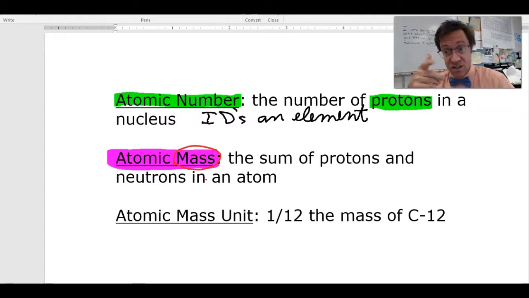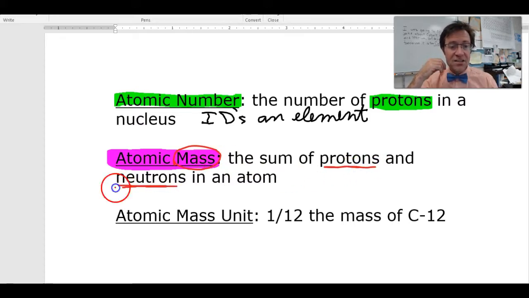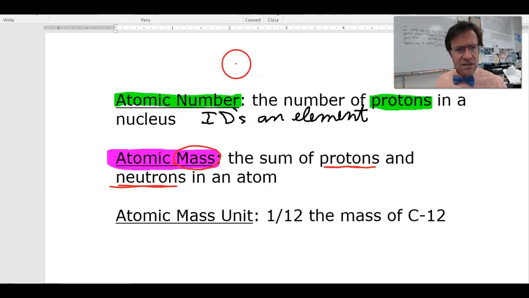No, seriously, scroll back up and look. I'll wait. Okay, good, glad you did. Yeah, almost none. Electrons have almost no mass whatsoever. So this atomic mass can only be from the protons and neutrons, because those are the only 2 things in an atom that have mass of any significance. Do you guys understand what I'm saying?